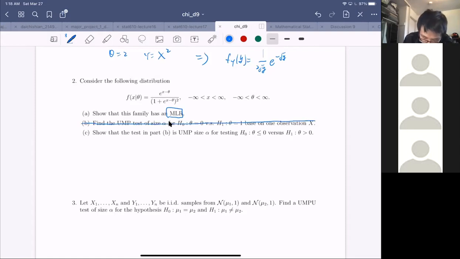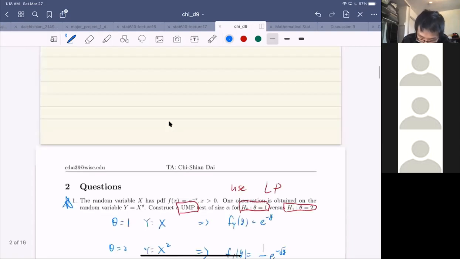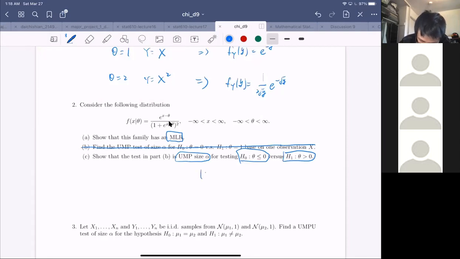Please try to find the UMP test for this. We have to use the Karlin-Rubin theorem. You have to check the monotone likelihood ratio and figure out whether it is increasing or decreasing. That's important. And find the UMP test.